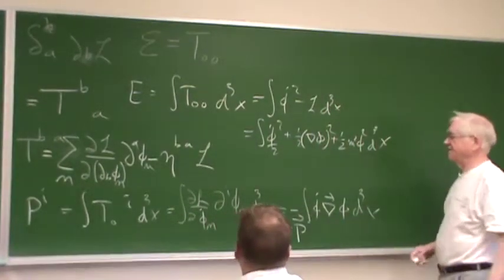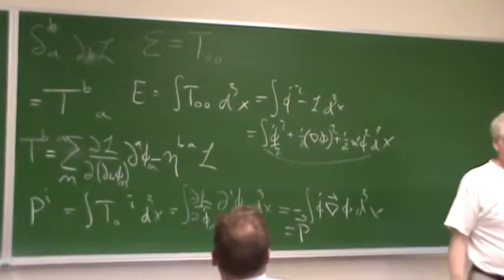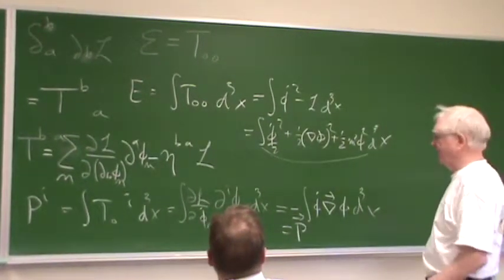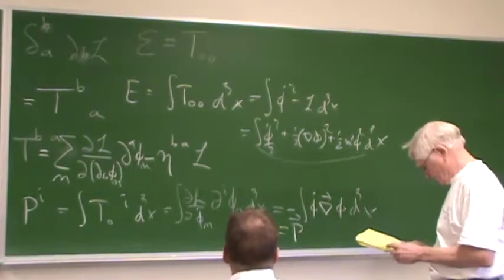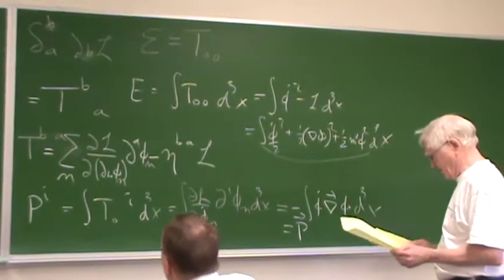So that would be the energy density. And you recognize this as the Hamiltonian, where we've reverted to phi dot for the momentum. Okay, any questions?